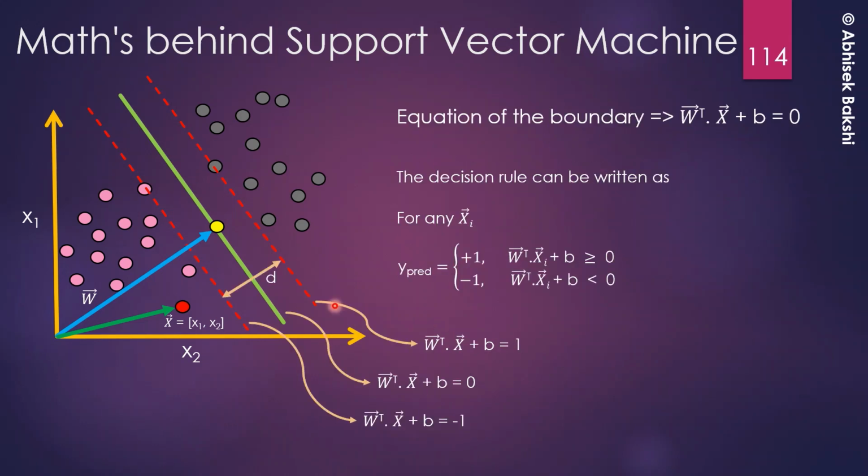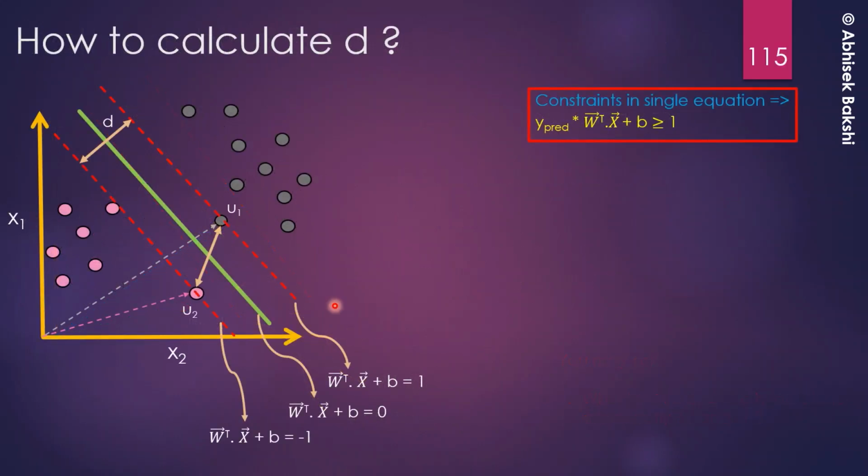So what we have done? We have assumed that we have a W in there, similarly for this particular red dotted line. And you just project this U1 on W so that you can find the distance of U1. And also I will find similarly the distance of U2. The difference between these two distances is the value of D.